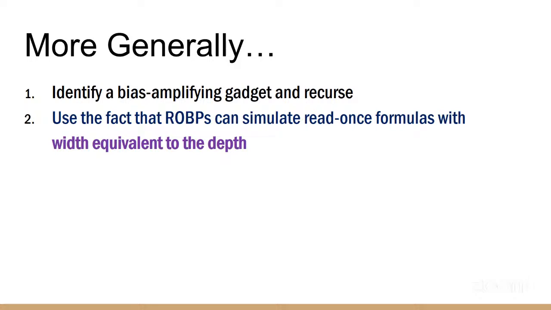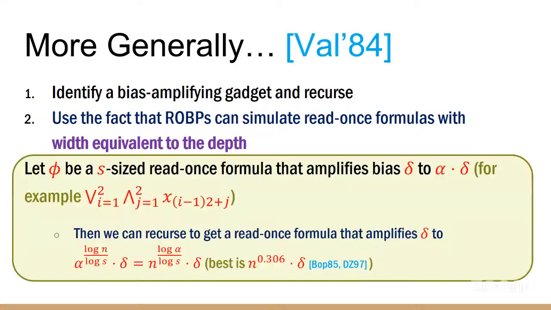So this is for read-once Boolean formulas, and this is something that we will use for constructing better read-once branching programs for the coin problem. So here, the optimal bias amplifying gadget is by Valiant in 1984.